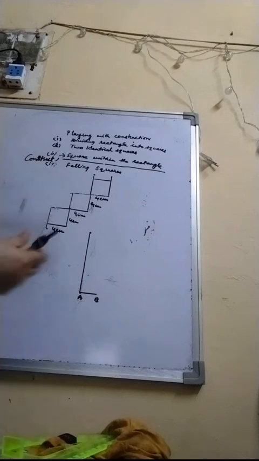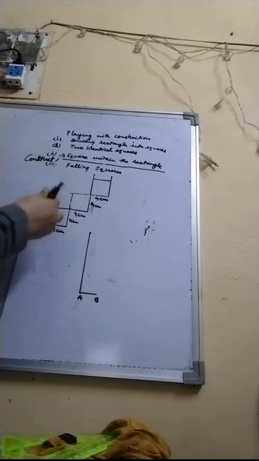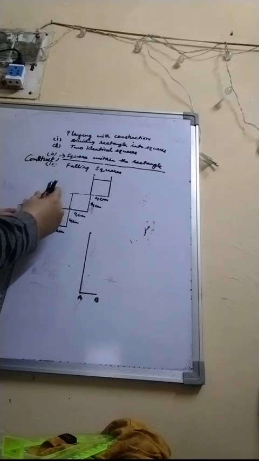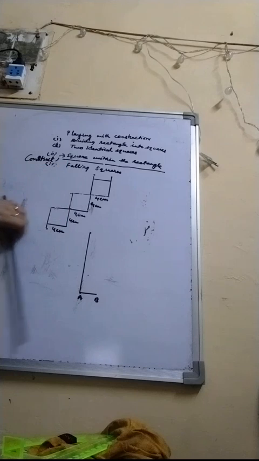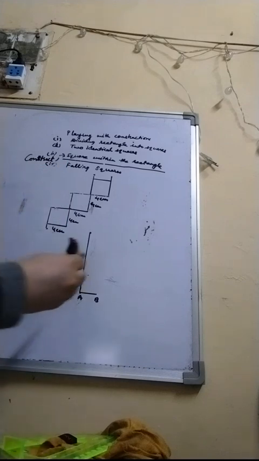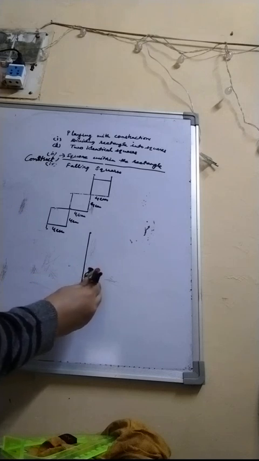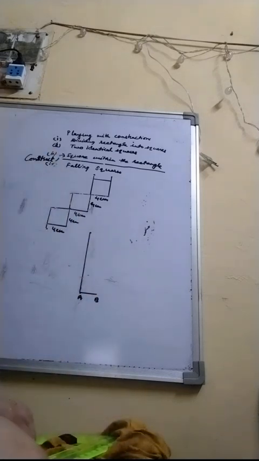So open the compass for 3 centimeter. This is how you open the compass, 3 centimeter, and then cut an arc of 3 centimeter. One point you get.